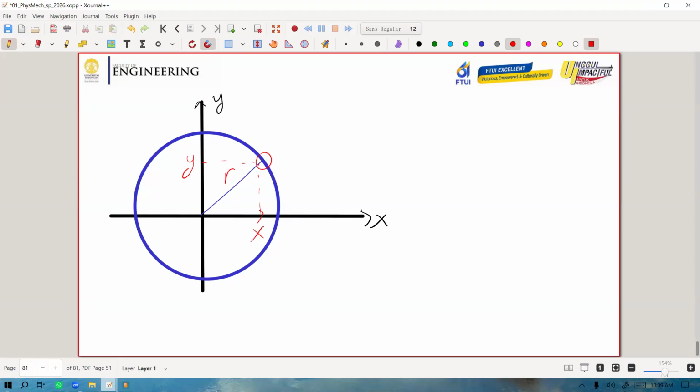If the particle moves from this point to another point here, there is a change in the angle theta. So delta theta is the difference in angle, the final position minus the initial position. Here is the initial theta, theta i, and here is the final theta, theta f.